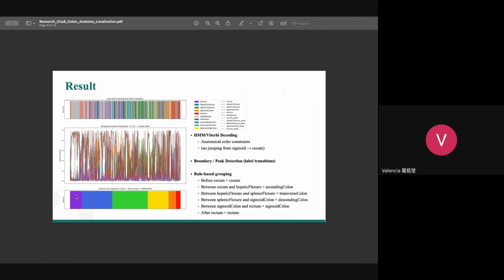It's not necessary, but most of the time it starts at the cecum, and in this example video it starts from the cecum. So cecum, then ascending colon, transverse colon, descending, sigmoid, and rectum. Now we have the prediction for one whole video for colon anatomy localization. This can later be used for documentation, but for now I haven't integrated the documentation yet.